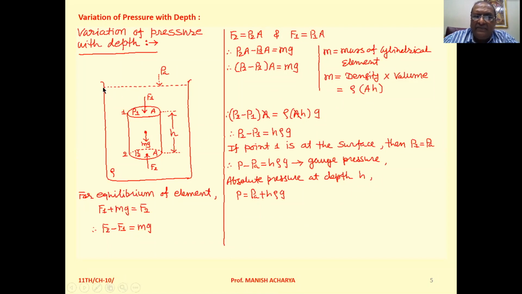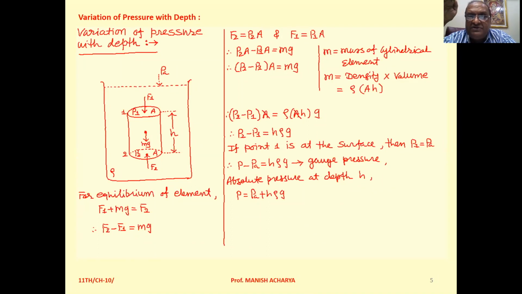Consider the fluid in a large container as shown in this figure. Now at the surface of the fluid, the pressure is atmospheric pressure, because the surface of the fluid is in direct contact with the atmosphere.